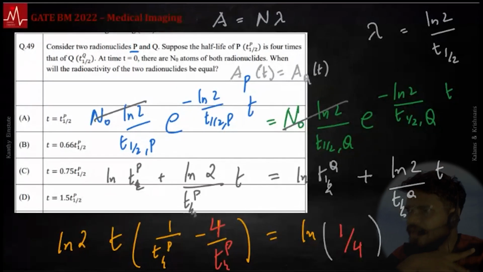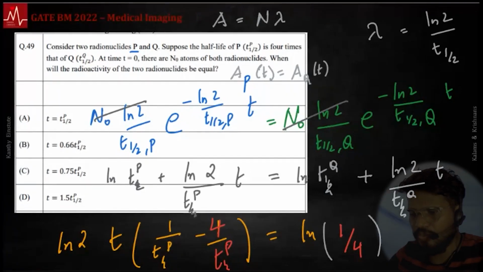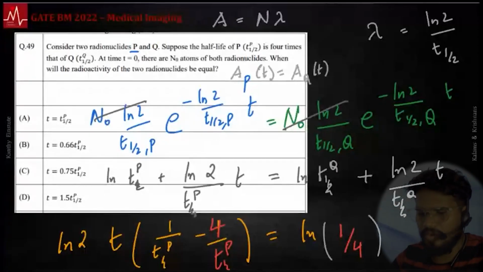Suppose this is correct, I can simplify. Whatever we get at this stage is simple to write, so I'm going to erase all these things. So I have ln 2, 0.693, times T, and this is 1 minus 4, that is minus 3 by T half of P, equals ln of 1 by 4.